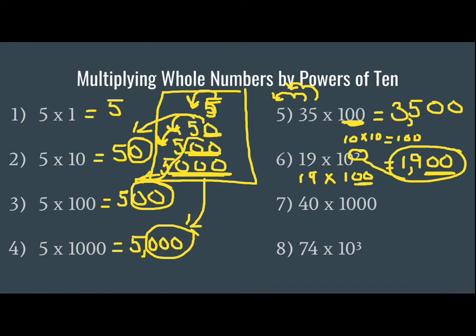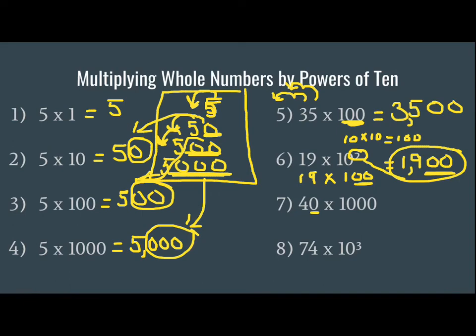Okay, now let's take a look at number 7. We have 40 times 1,000. Notice 40 already has a 0 on the end. We still need to push that 4 2 spaces to the left and that 0 2 spaces to the left.